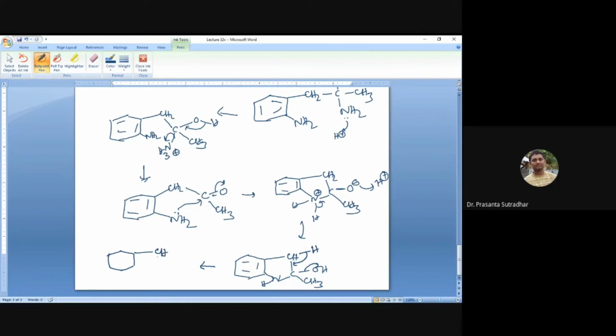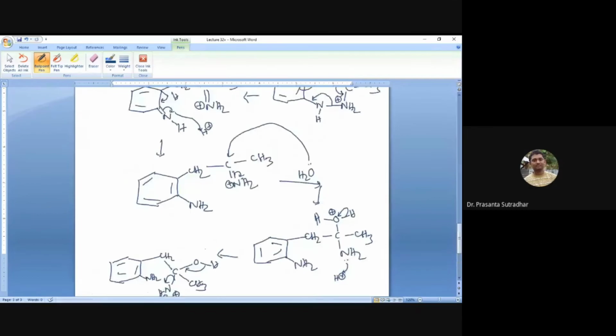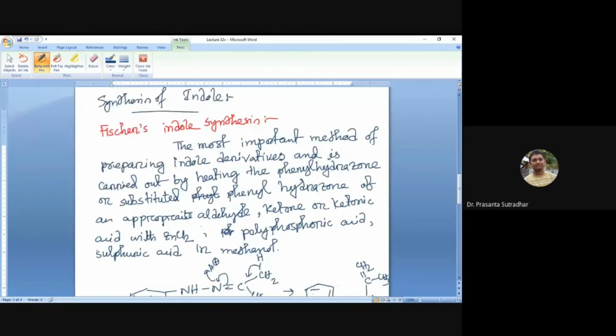CH, C double bond N, there is hydrogen, and there is another CH3. So this is the answer of this reaction. So this is the whole mechanism.